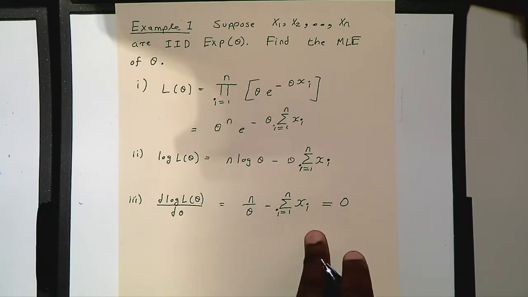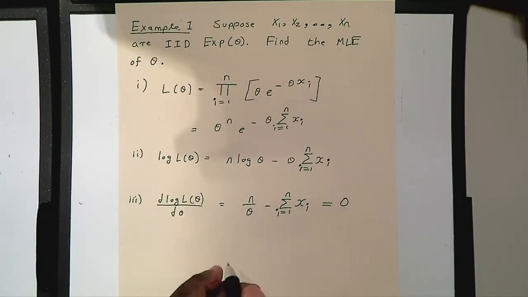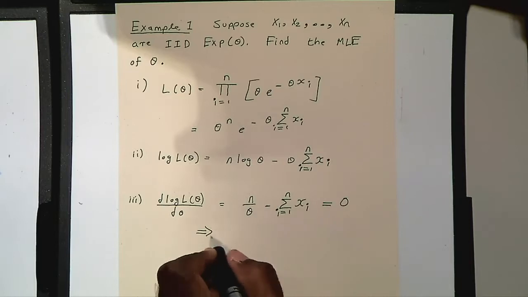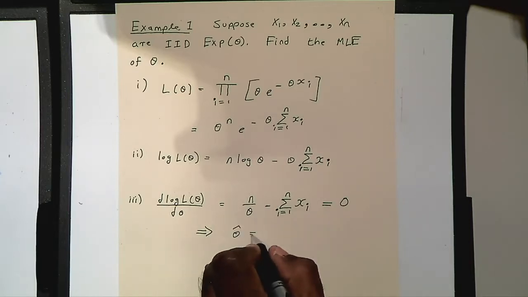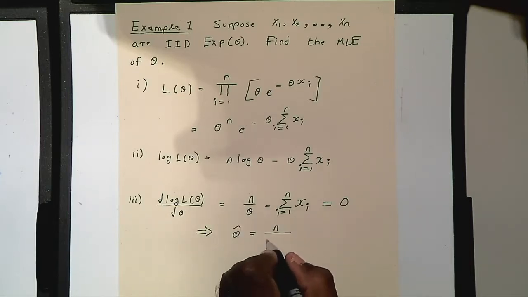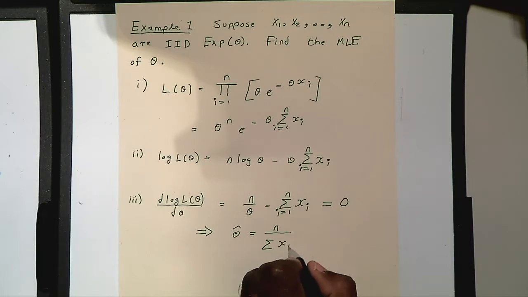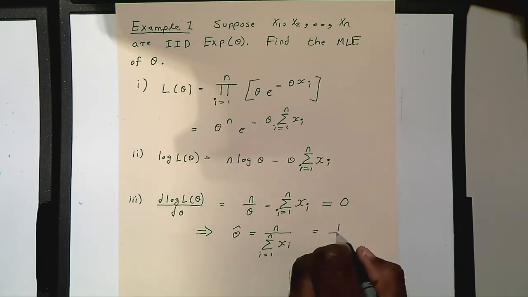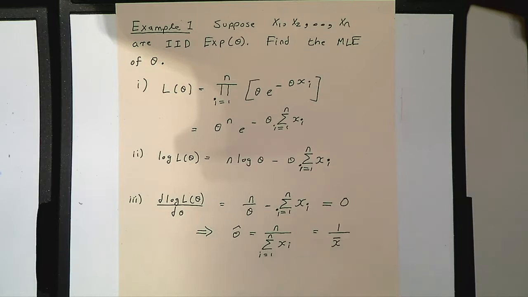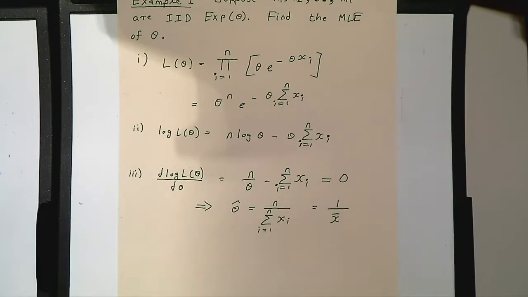Now, if you solve this equation, guys, what do you get? This gives you theta hat is equal to n divided by the sum of xi, which is 1 divided by the sample mean.